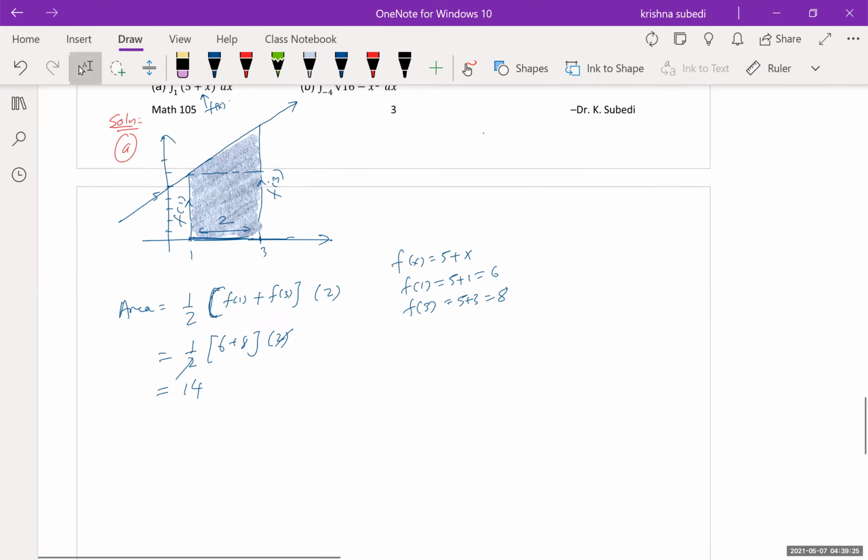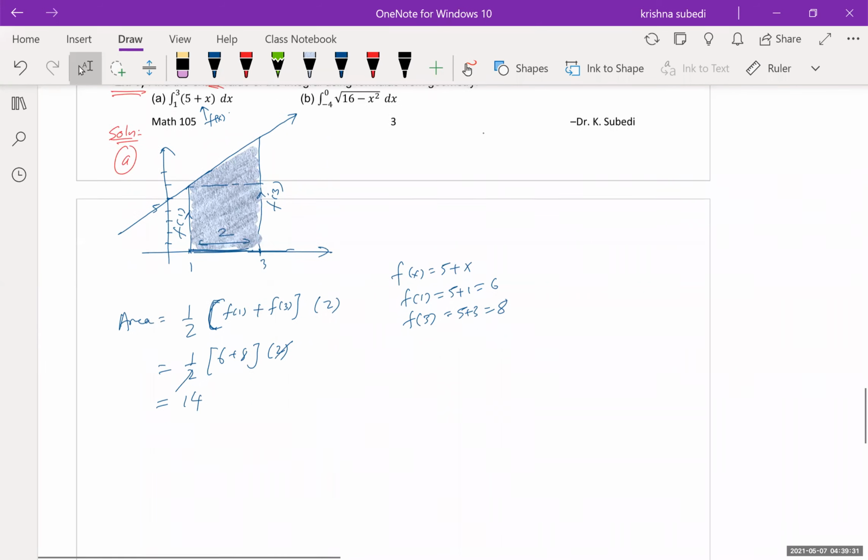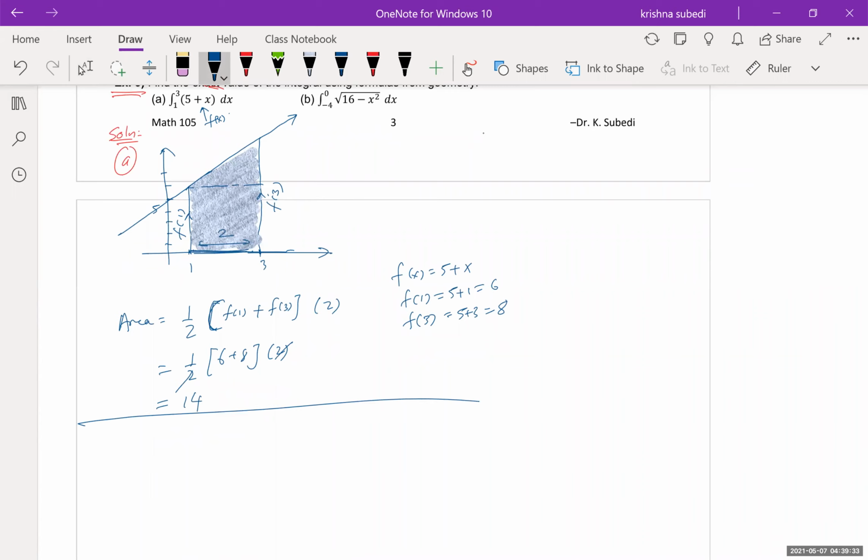Now suppose you want to use the fundamental theorem of calculus that we'll be discussing later, and let us look at that. We just want to convince ourselves that the fundamental theorem of calculus, the definite integral, actually gives us the area. Okay, let us compute the definite integral.